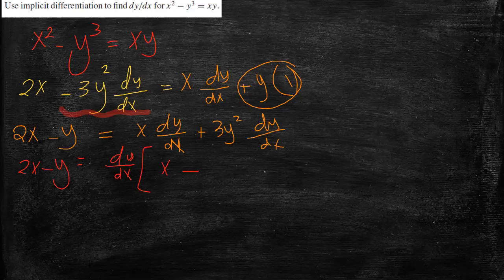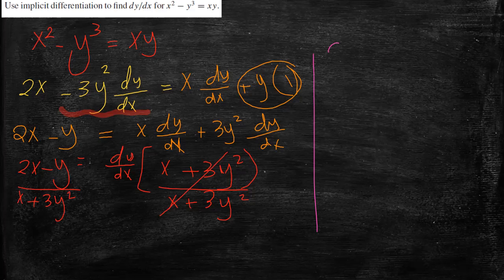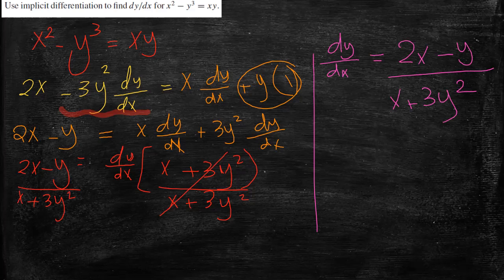We get (x plus 3y squared). Then divide by x plus 3y squared. Then dy over dx will be 2x minus y over x plus 3y squared. Is it clear?